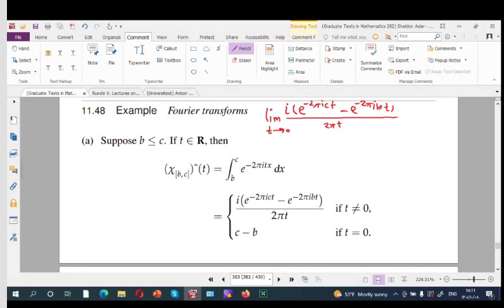So by L'Hospital's theorem it is equal to this limit, as t tends to 0, let me write it in this way.